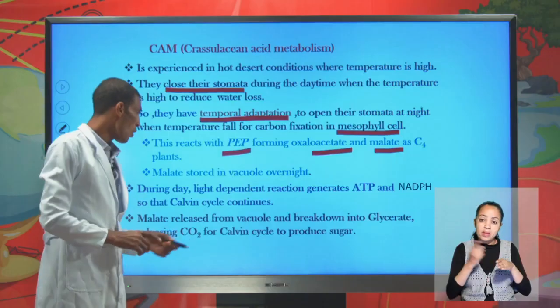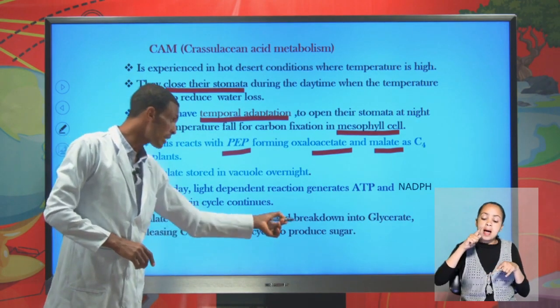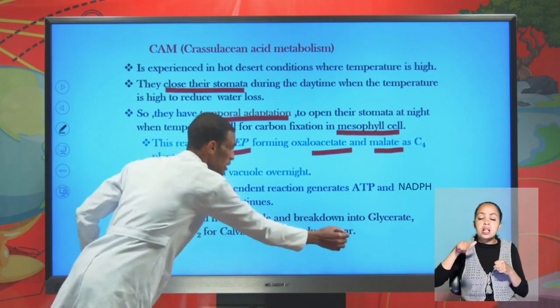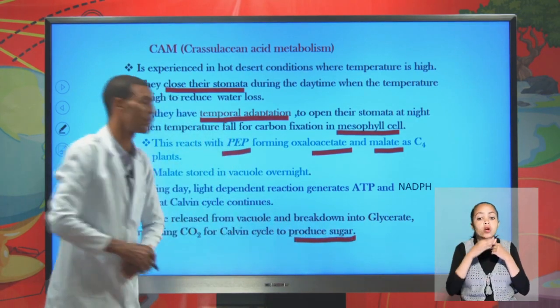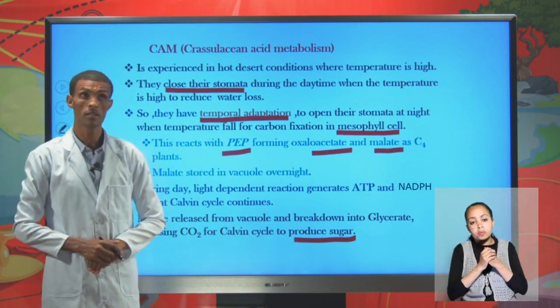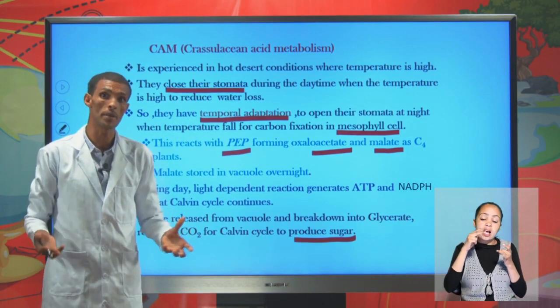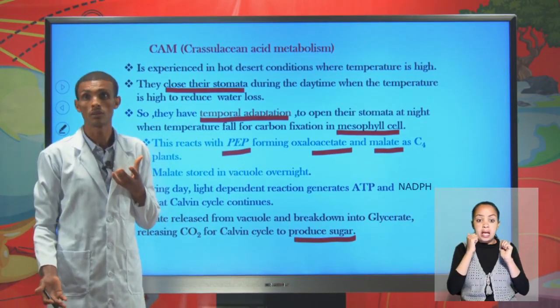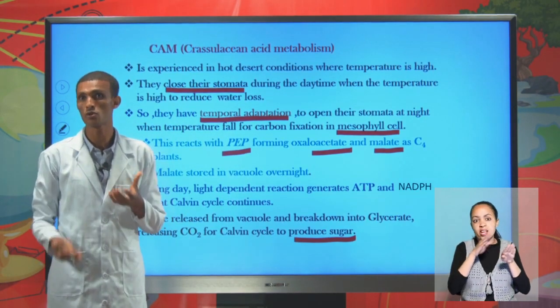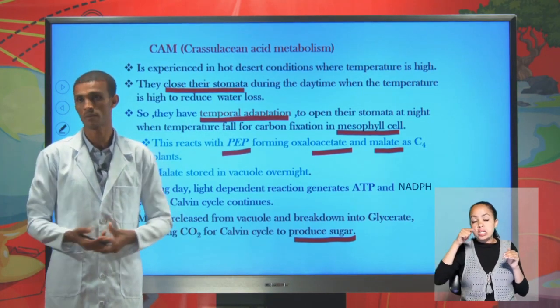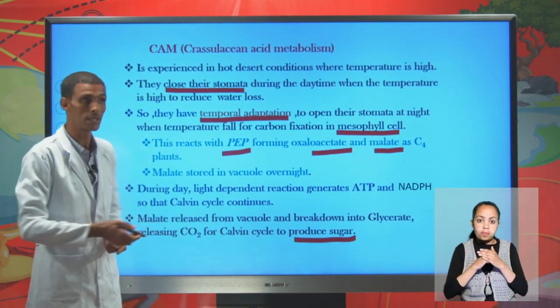During the daytime, malate is released from the vacuole and broken down to produce glycerate and then sugar and another molecule. So, one critical adaptation that CAM photosynthesis develops is that they can close and open their stomata based on the condition in which they can photosynthesize. Well done, student.